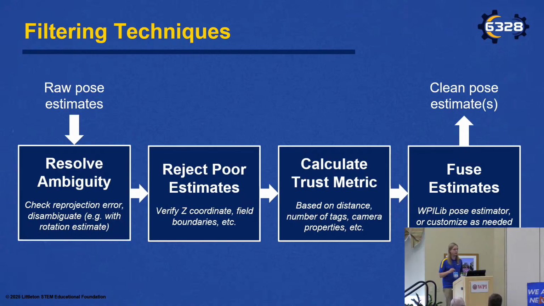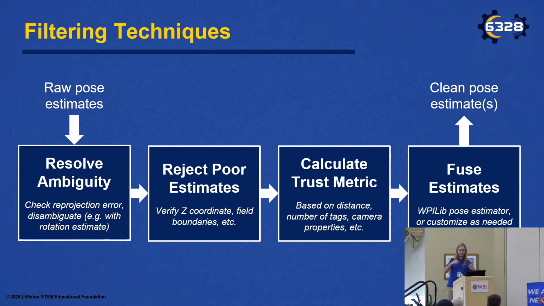Typically, that's in the form of a standard deviation if you're using the most common pose estimators, but generally we find it's not actually very useful to think about it as a standard deviation with units. You could try to measure it in theory, but really it's just a generic tuning metric, and you'll get the best results through trial and error, looking at the results and going from there.